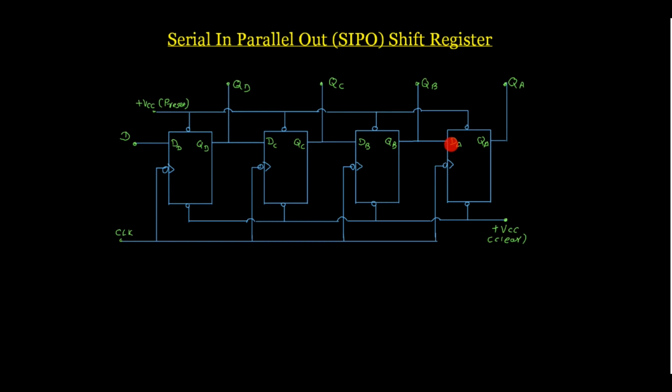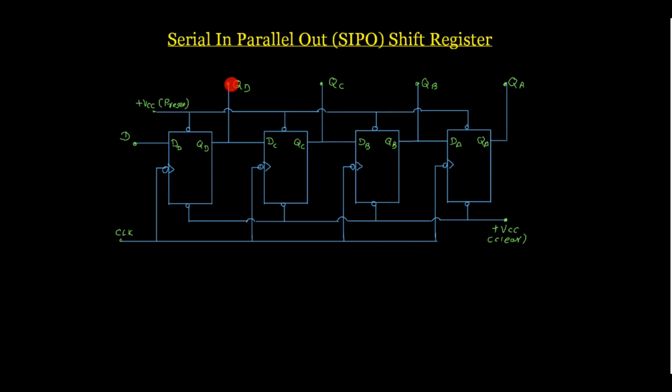The only thing is that here, if you see the logic diagram of the SISO and the SIPO, in the SISO we apply the serial input, and the serial output was present here. Now instead of that, whatever the output of each flip-flop is, these are representing the output of the SIPO register.